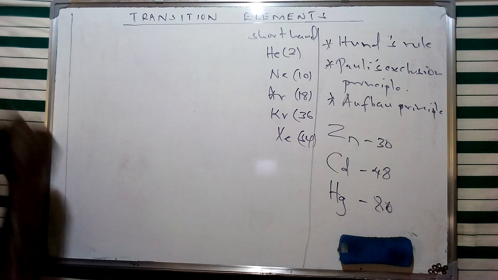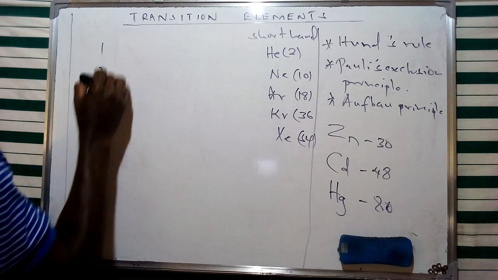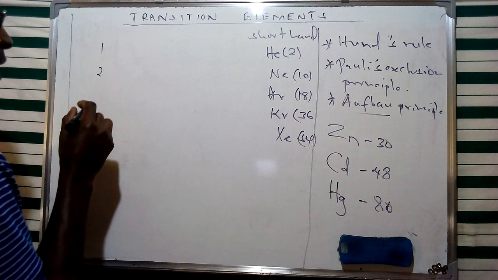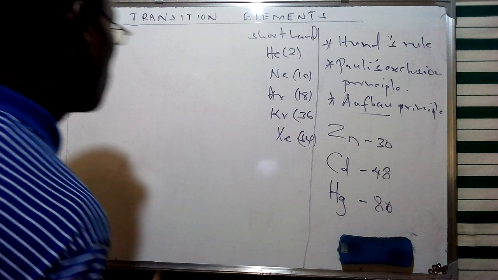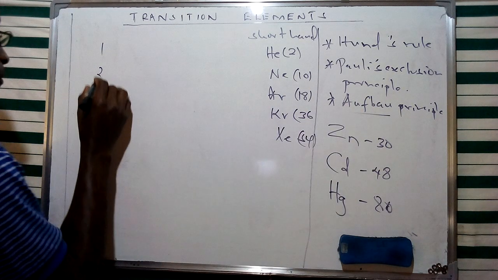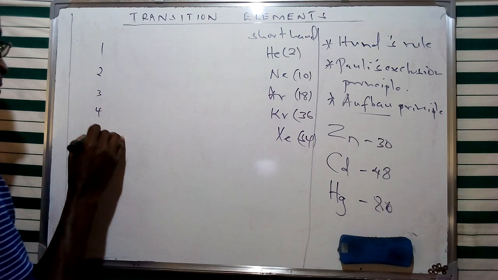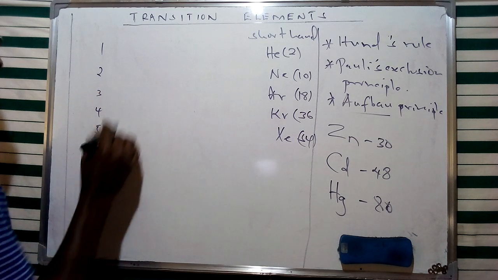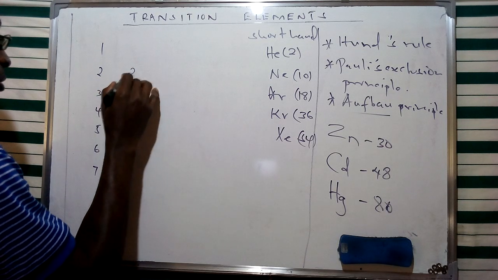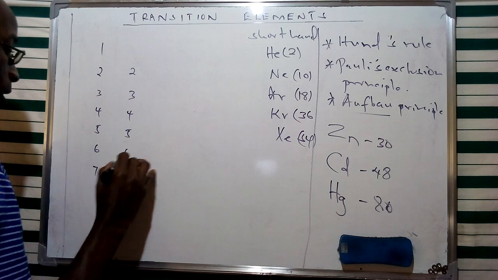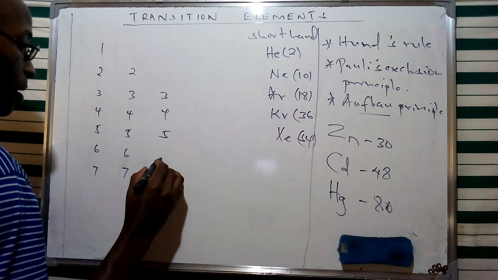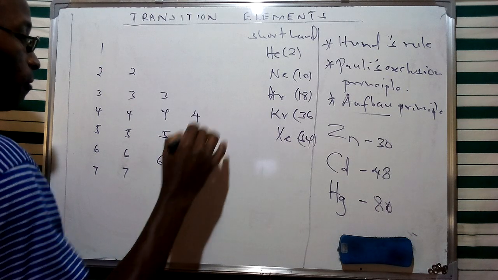Now I'll use the building up principle in trying to assign electrons, whereby electrons are going to occupy the lowest orbital available in terms of energy levels. So we're going to have 1, 2, 3, 4, 5, 6, 7. These are the various levels for the shells which I'm going to assign. Then I'm going to have 2, 3, 4, 5, 6, 7, and 3, 4, 5, and 6 and 4, 5 respectively.